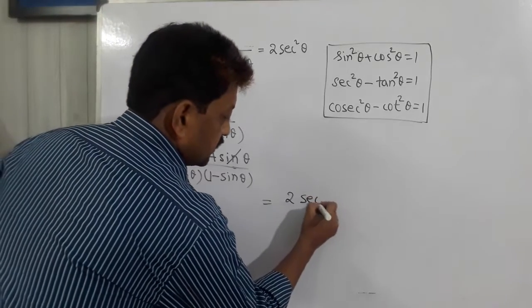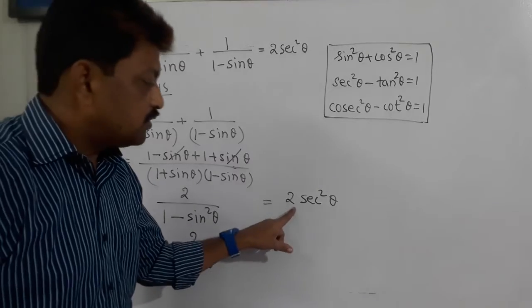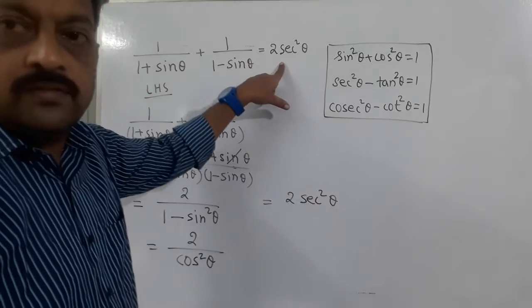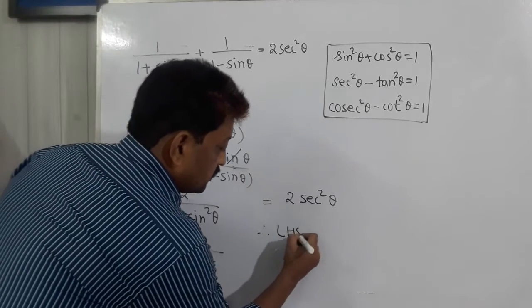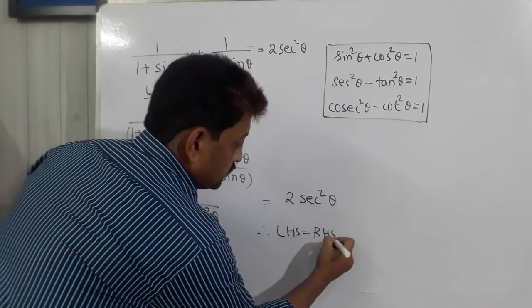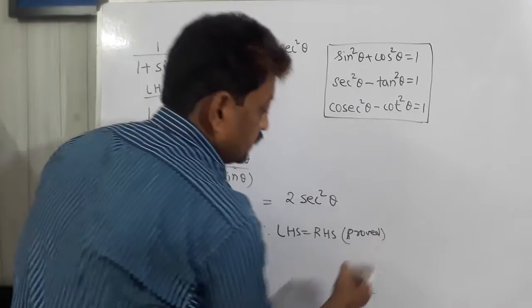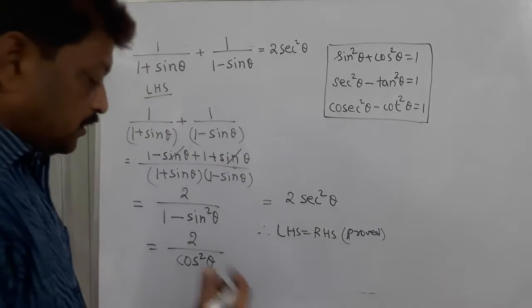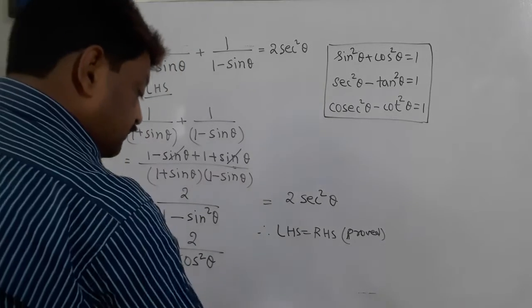So 2 upon cos square theta is 2 sec square theta, and that is the RHS we have to prove. Therefore we can say LHS equals to RHS, proved. Done? Okay. Next sum. Just go through it.